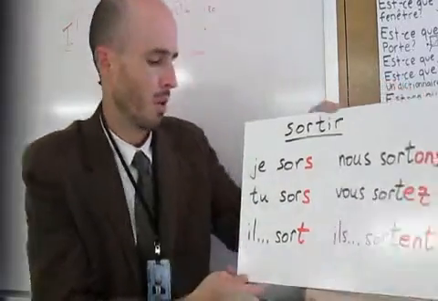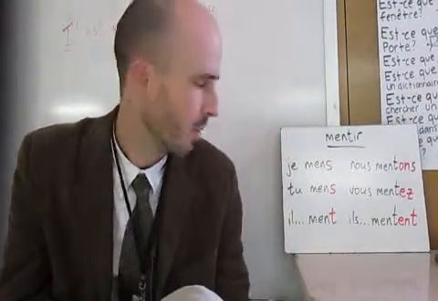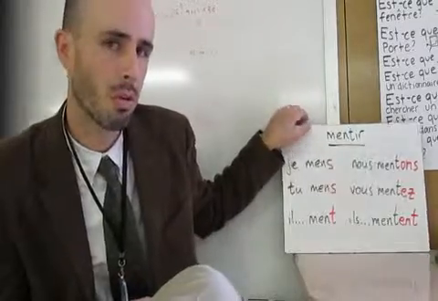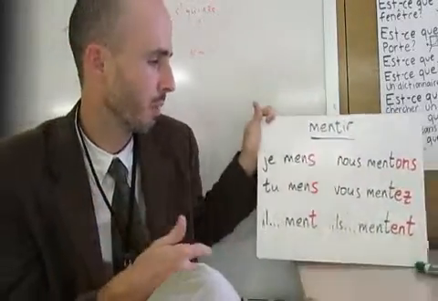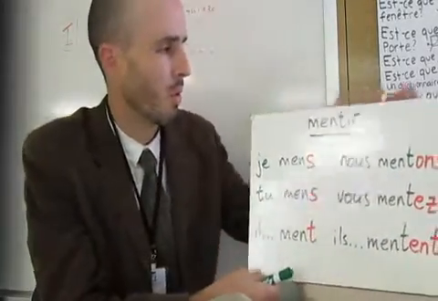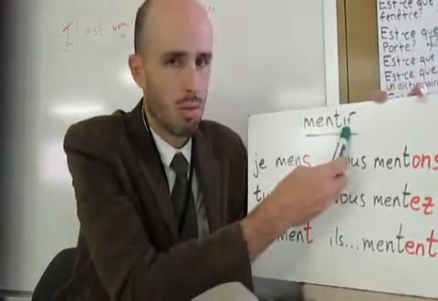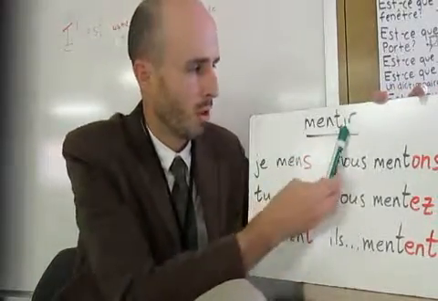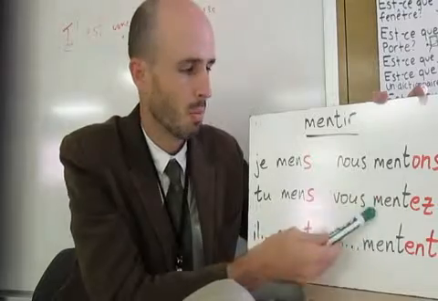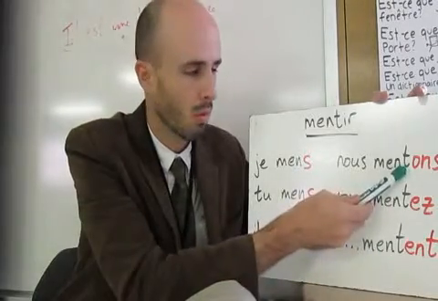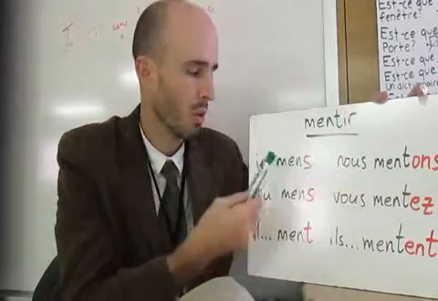Here's another verb that follows the same pattern: mentir, to lie, or to tell a lie. If you want to think about it this way, you drop off the IR, and that gives you your plural stem, ment. We have to go a little bit further if you're going to get your singular stem.